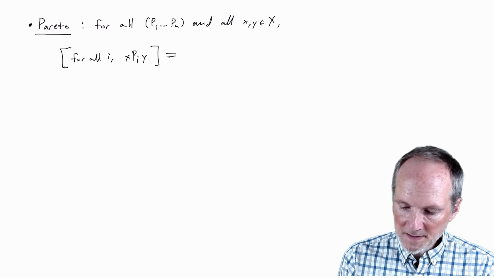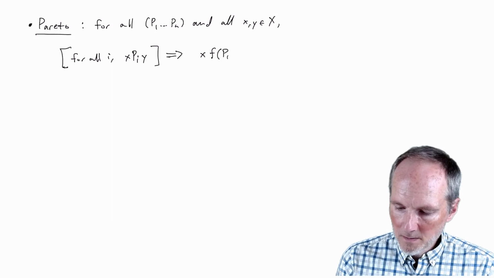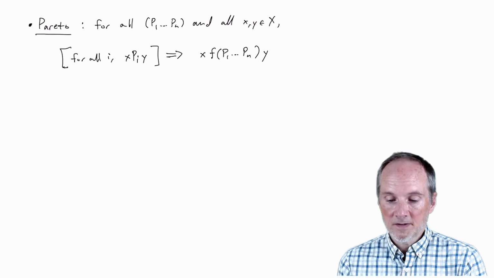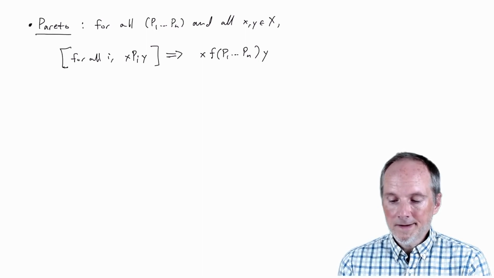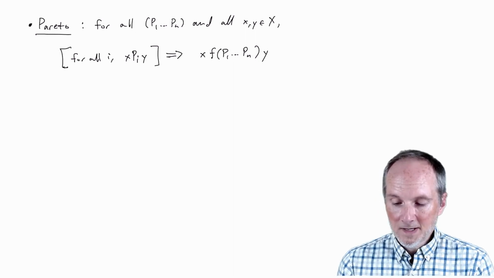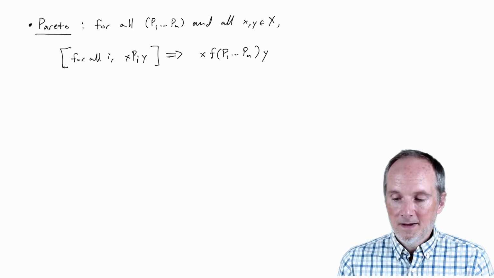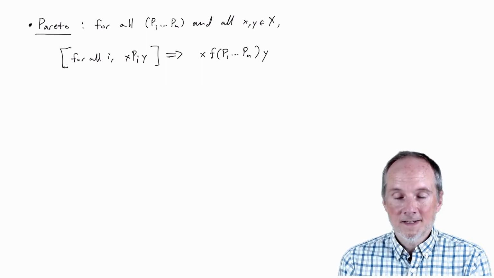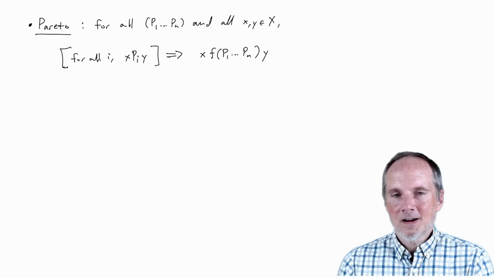The Pareto axiom then would say that x has to beat y for the social preference function. Okay, this should seem like a very intuitive axiom. Certainly, from a normative perspective, any voting rule you would want to satisfy this. You know, this is not controversial.